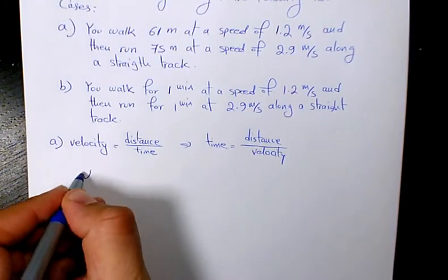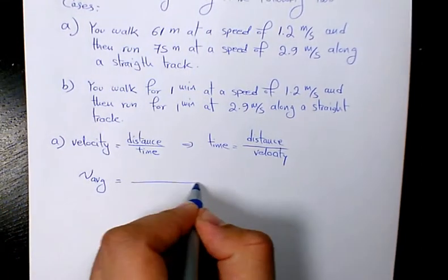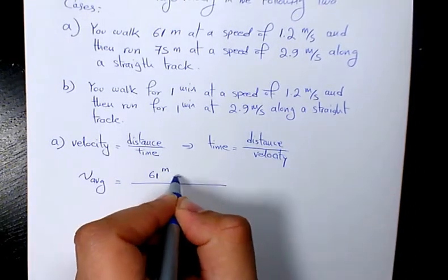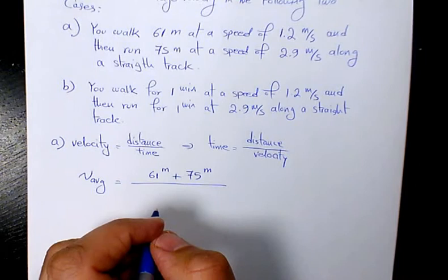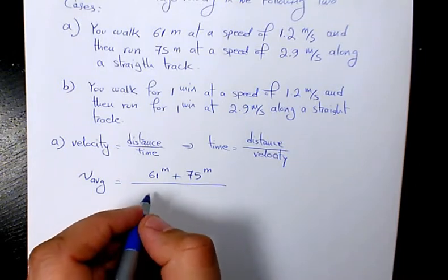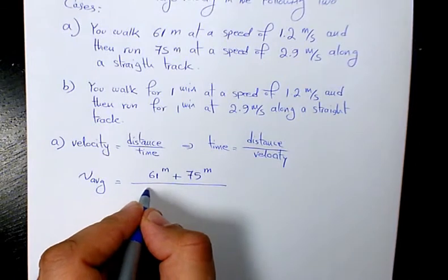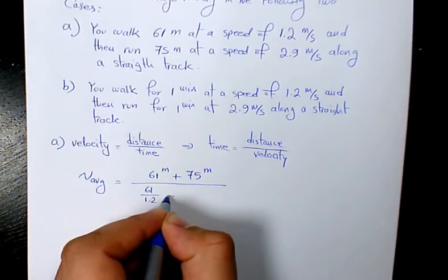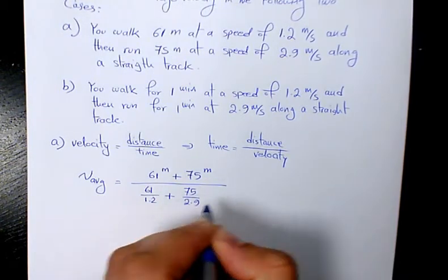So V average is going to be the total distance, 61 meters plus 75 meters, divided by time, which is going to be 61 divided by 1.2 plus 75 divided by 2.9.